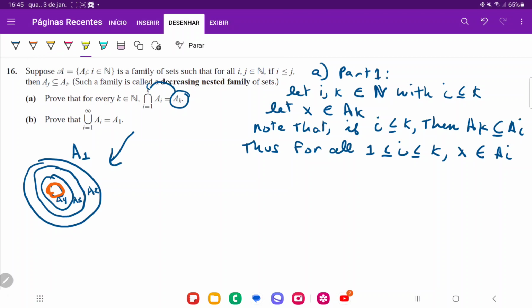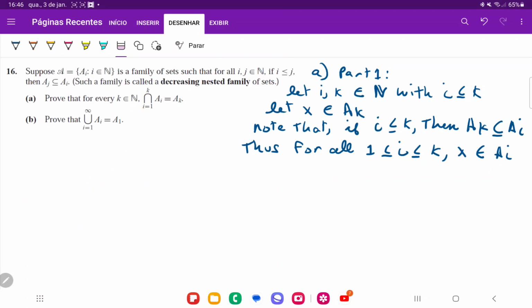Now notice that with this line we have produced the definition of x belonging to the intersection. So now we can rewrite this as the definition. Therefore, x belongs to the intersection from i equals 1 all the way out to k of a sub i. So we took some element that was here and showed that it must also have been there.